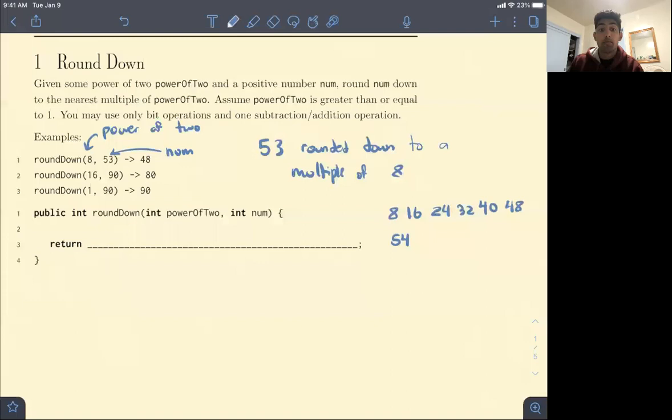So the nearest multiple below 53 is going to be 48. That way we can round 53 down to, right?